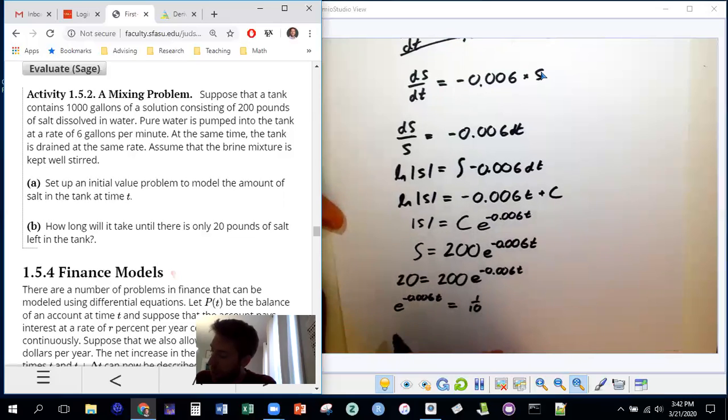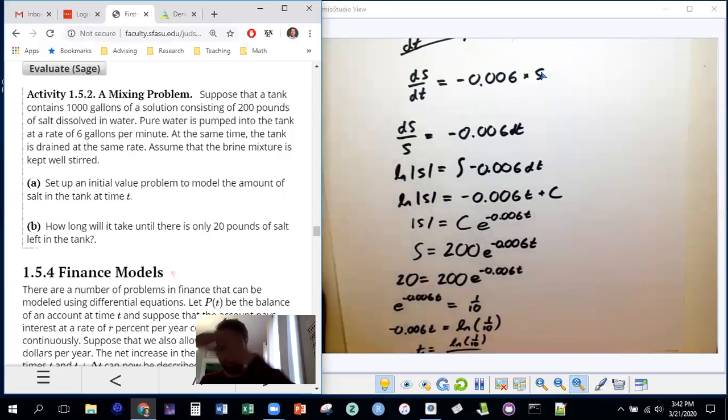Negative 0.006 t equals the natural log of 1/10. And then t equals the natural log of 1/10 divided by negative 0.006.